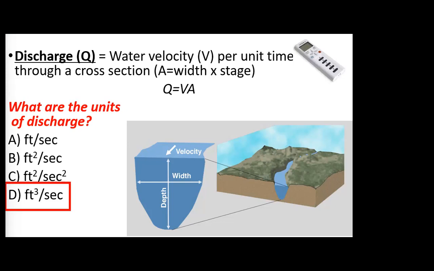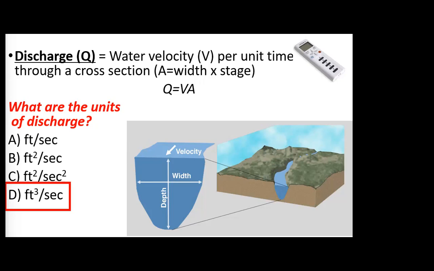And because we know the cross-sectional area and the velocity is a distance per unit time, feet per second is a velocity. If we're multiplying that by the area, which is feet by feet, so square feet, we're going to get cubic feet per second. Does that math make sense to everybody?